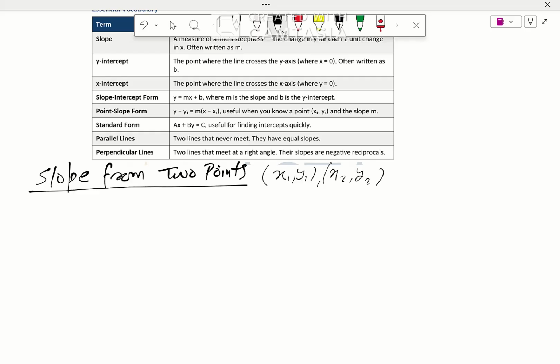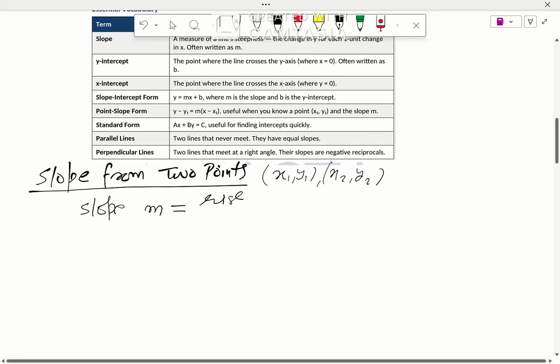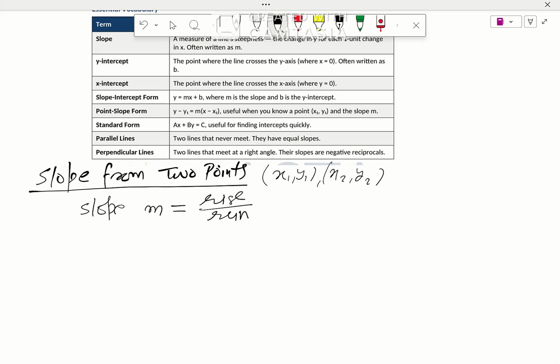The slope m is given by this formula, which is essentially rise divided by run: how much the line rises and how much it runs in the x direction. This is equal to y2 minus y1 divided by x2 minus x1.